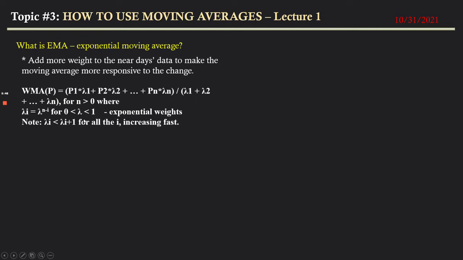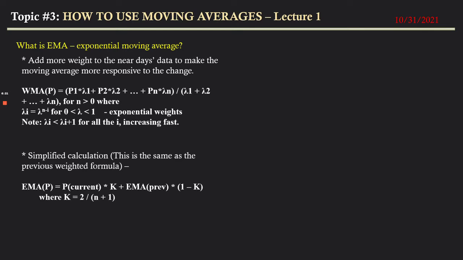The idea of doing it exponentially is because this sequence increases quickly as the index changes. So we give more weight to the recent days and less weight to the faraway points. It makes it more responsive.